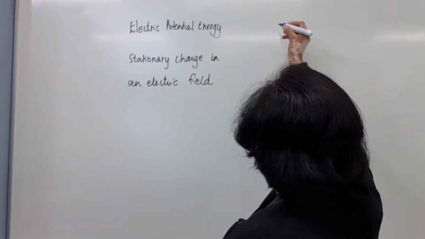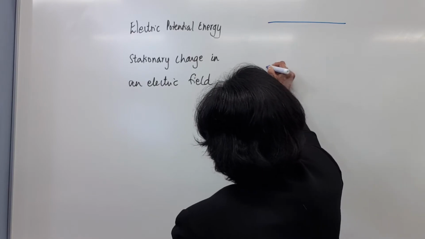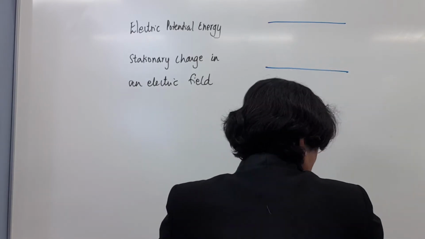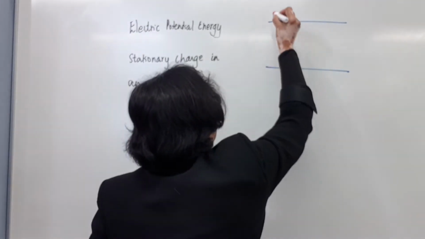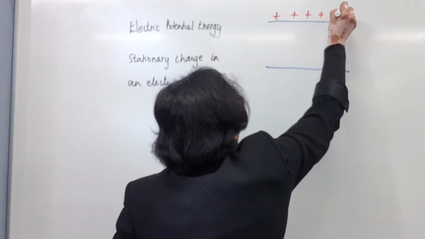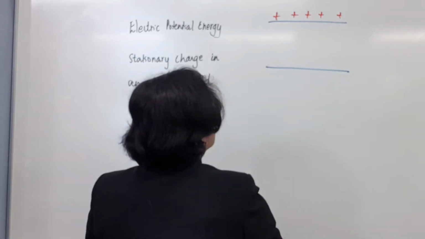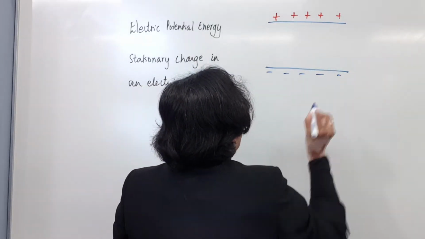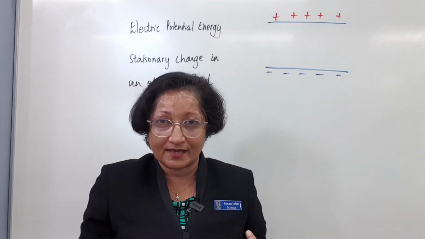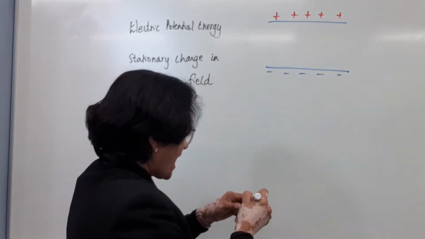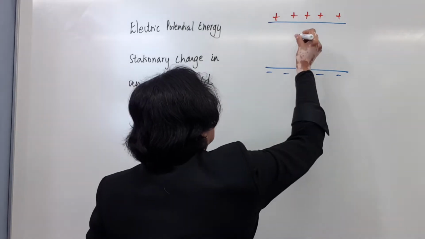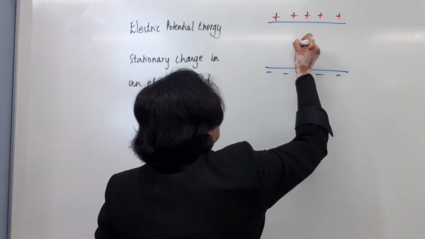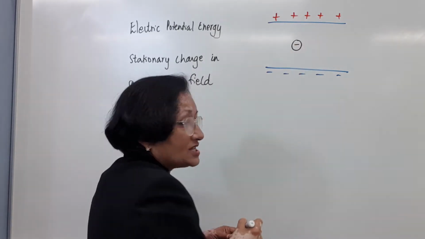So if you have two oppositely charged plates, where one of the plates is positive and the other one is negative, you've got a potential difference between them and you have a uniform electric field between the plates. Now you could have a positive or a negative charge. Let's say you have a negative charge here.